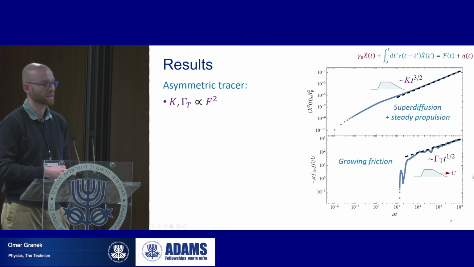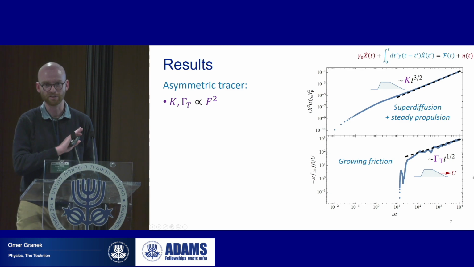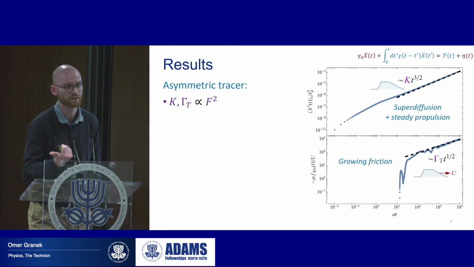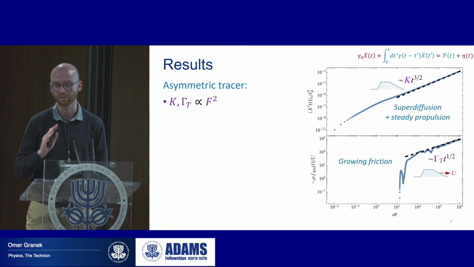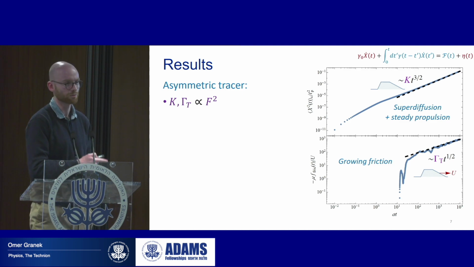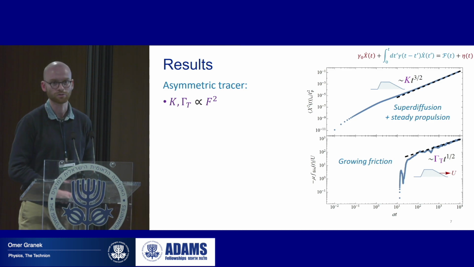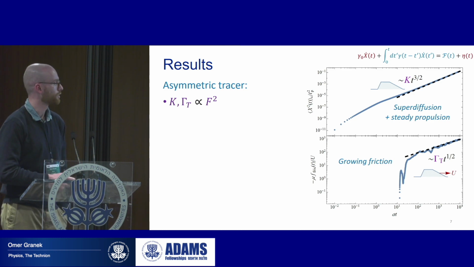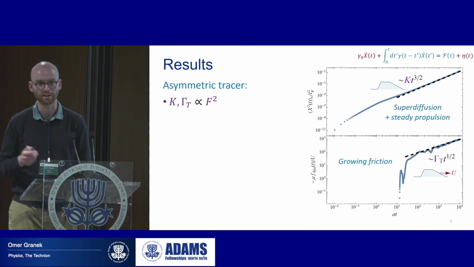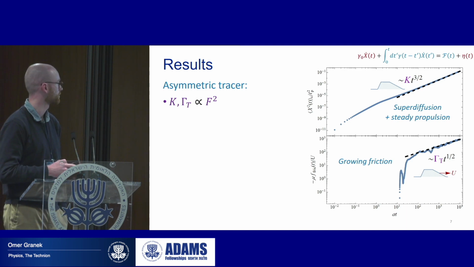Note that the exponents are universal, so they do not depend on the details of the tracer or the bath. They are a statistical property of the way that active particles behave on long timescales. This is usually what we look for when we look for universal behaviors. The coefficients do depend on the details, and we have an exact analytical formula for these that we've derived.